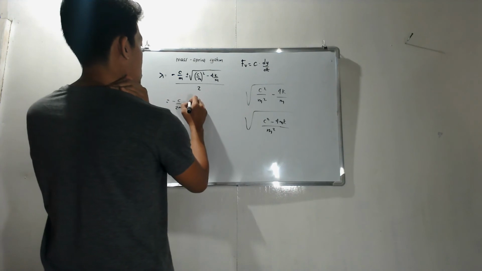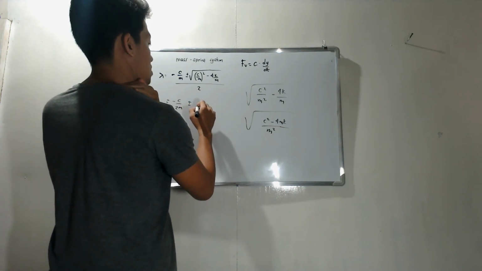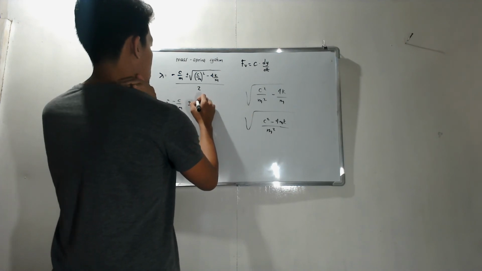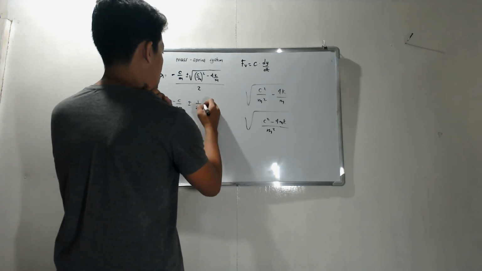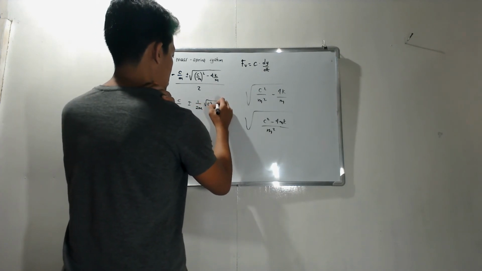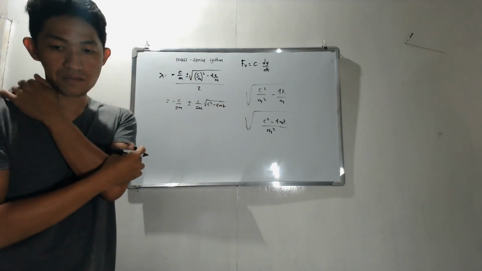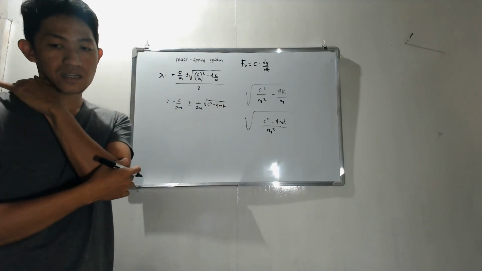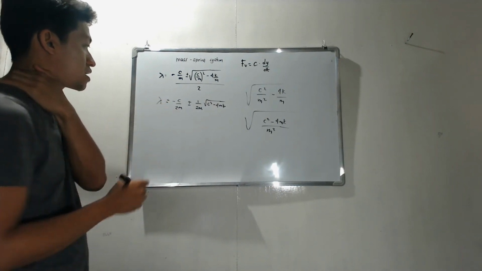This becomes plus minus 1 over 2m square root of c squared minus 4mk. Correct?